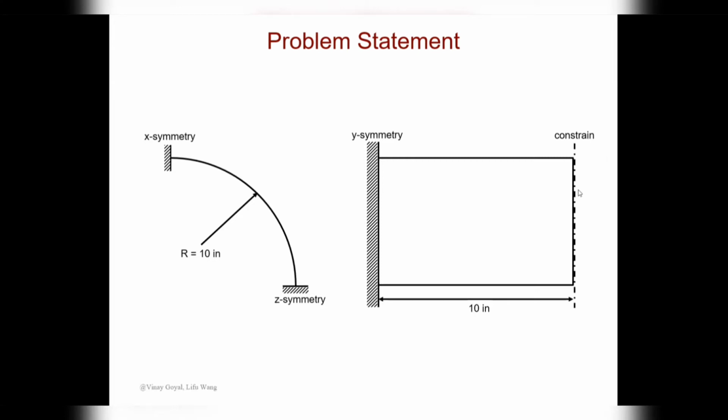That's why it's not fully Y symmetry. The radius for the vessel is 10 inches, and the length we just simulate 10 inches. It can be any length.